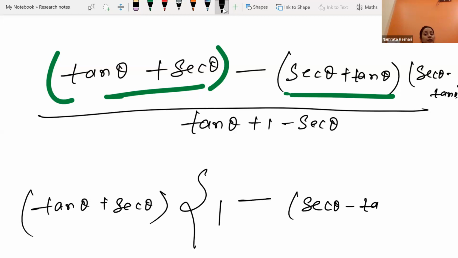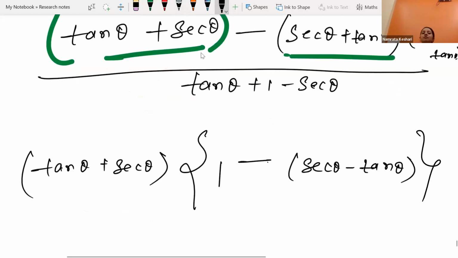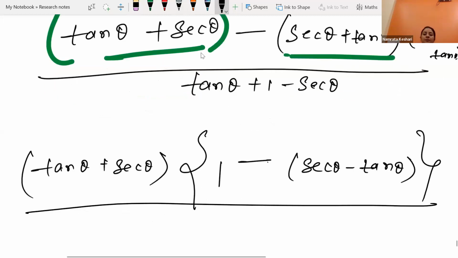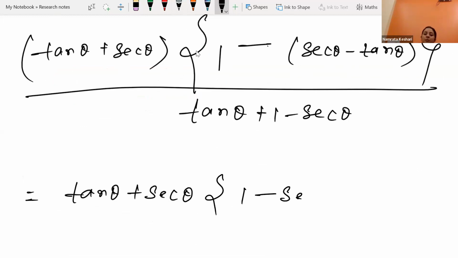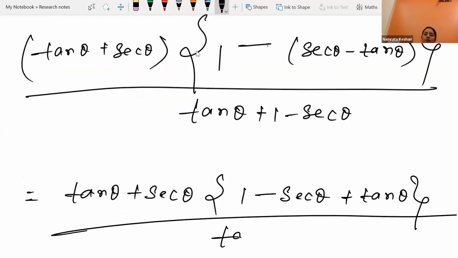We are not opening the bracket because there is a minus sign in between, so we will open it carefully. Over tan theta plus 1 minus sec theta, and this one can be written as 1 minus sec theta plus tan theta. Now this gets cancelled out, tan theta plus 1 minus sec theta.